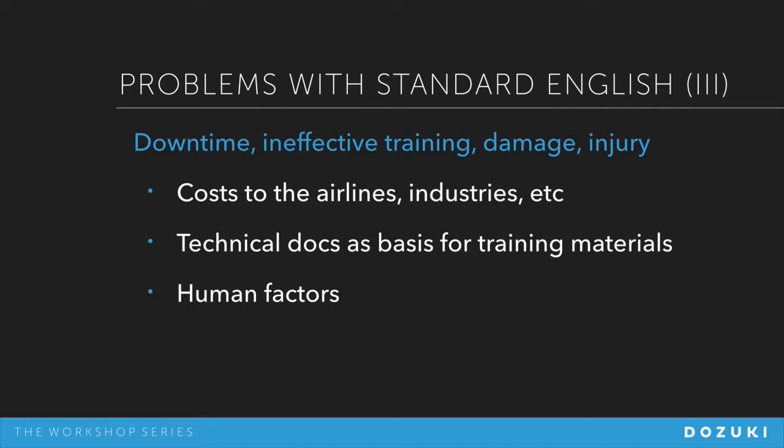So if we have problems creating, understanding, translating, publishing, delivering our documentation, our product information, it means that time to market or downtime, the time that your product is not going to perform the way the user wants or needs it to perform, means you're losing big money.